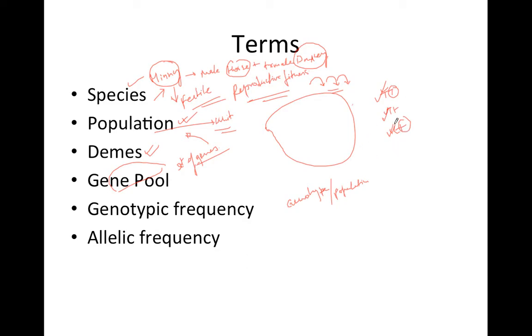So genotypic frequency is number of this TT in the population, number of capital T in the population and small t in the population.